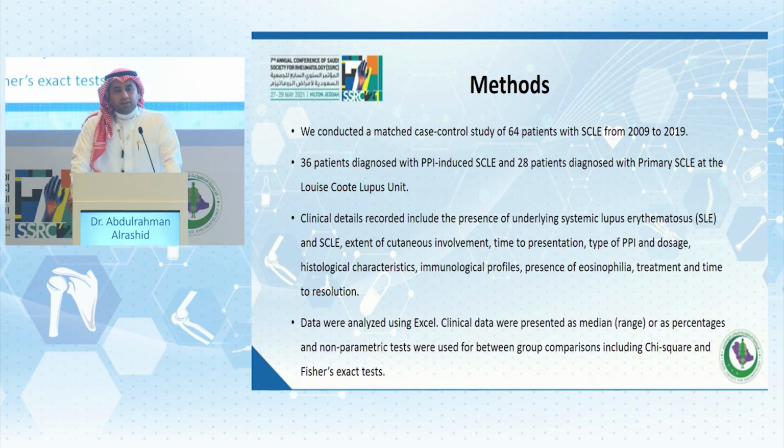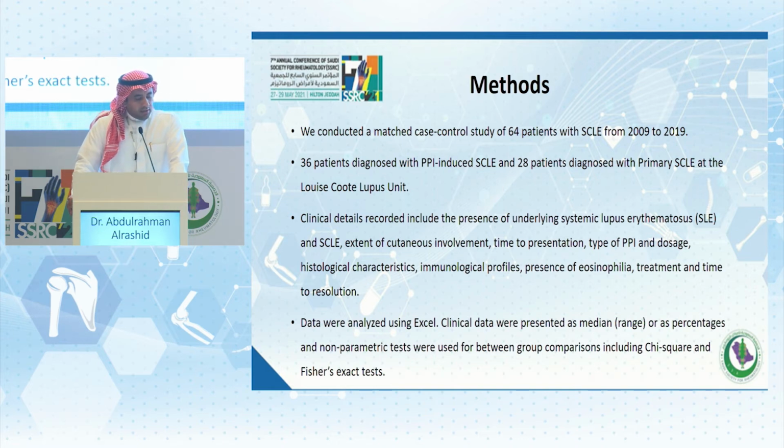So we collected the data of 64 patients from 2009 till 2019. This is the largest cohort of patients with PPI-induced SLE, and the reason is that this is a multidisciplinary clinic receiving referrals from all over the UK, from either the rheumatology or dermatology side.